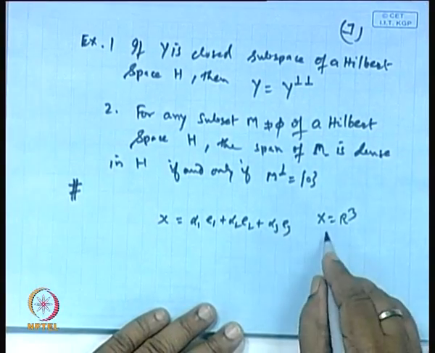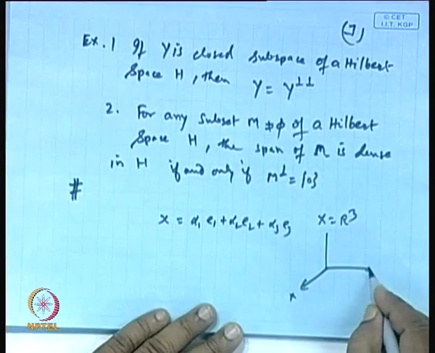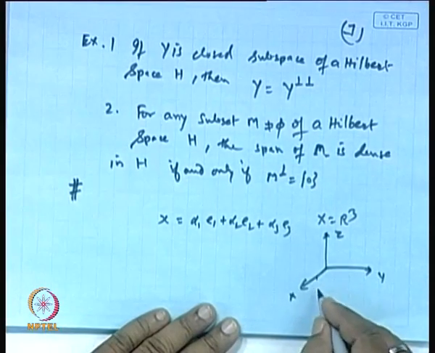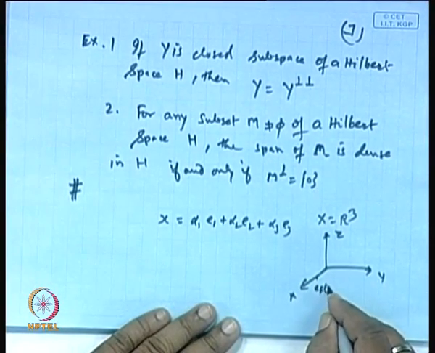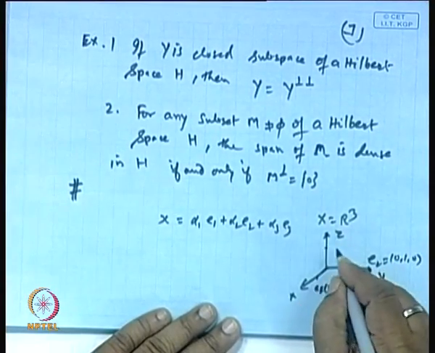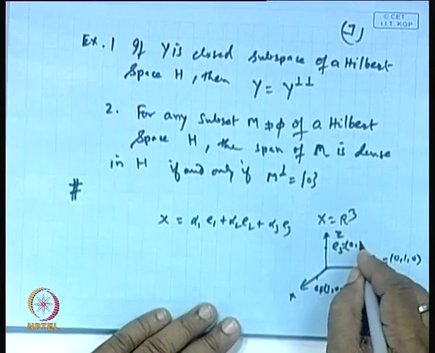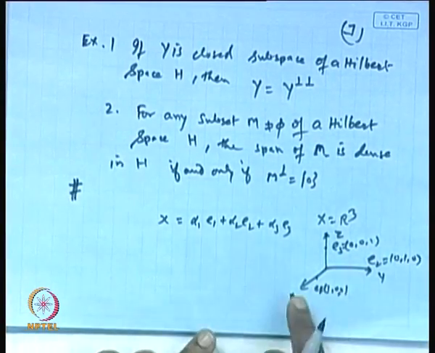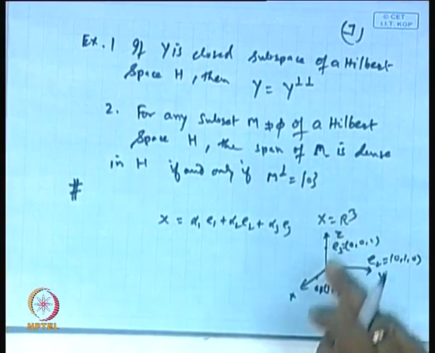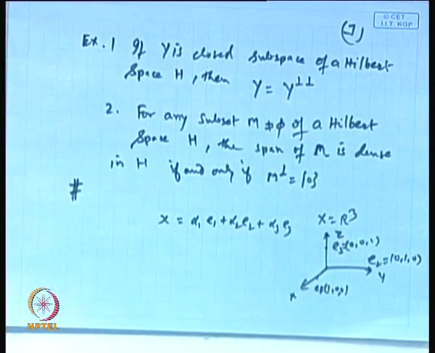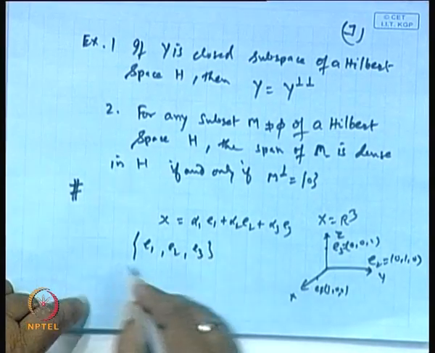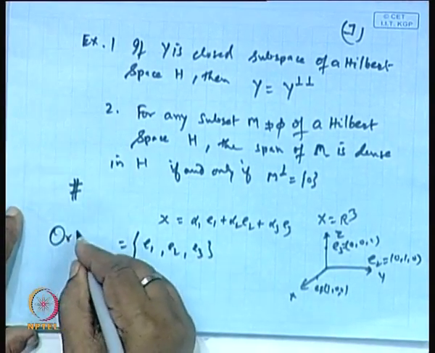What are E 1, E 2, E 3? These are the basis elements of R 3, where E 1 is 1 0 0, E 2 is 0 1 0 and E 3 is 0 0 1, is it not? So, these three basis vectors are at right angles to each other, clear. So, this collection E 1, E 2, E 3 is an orthogonal set.